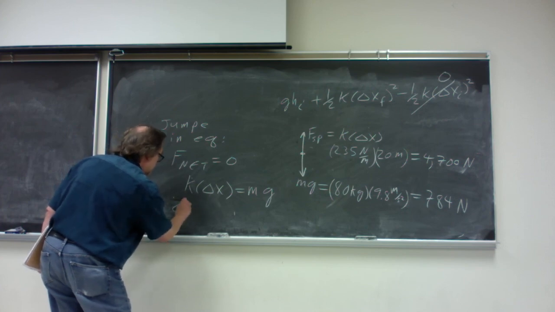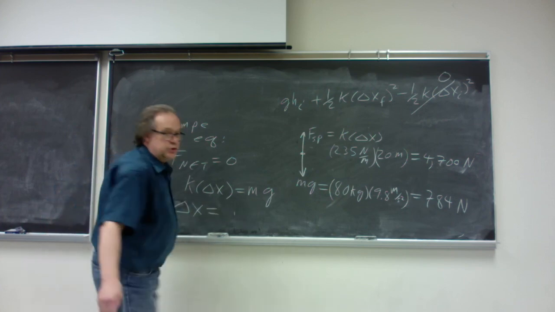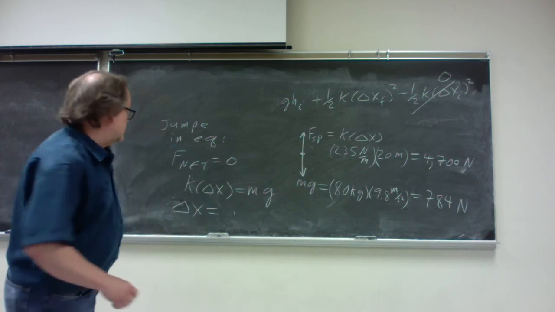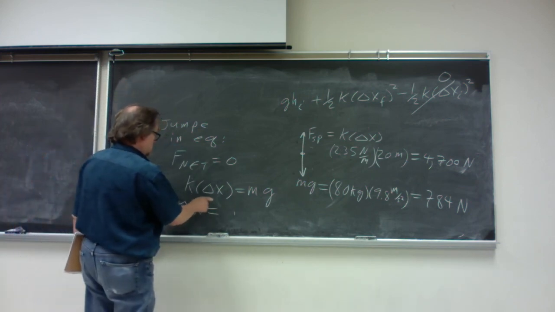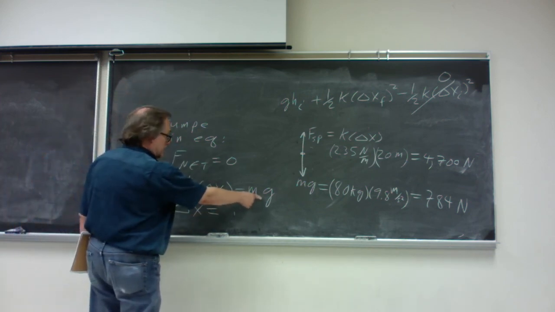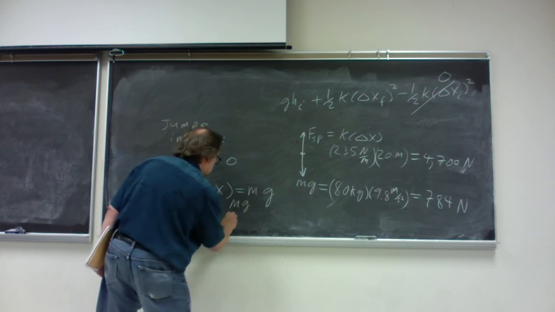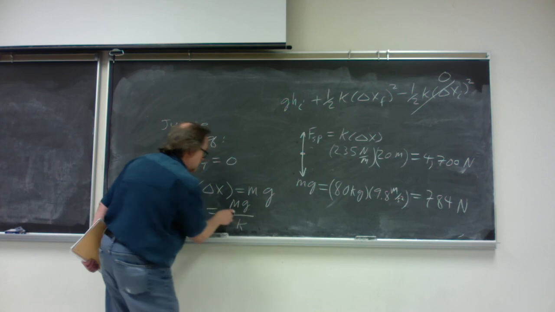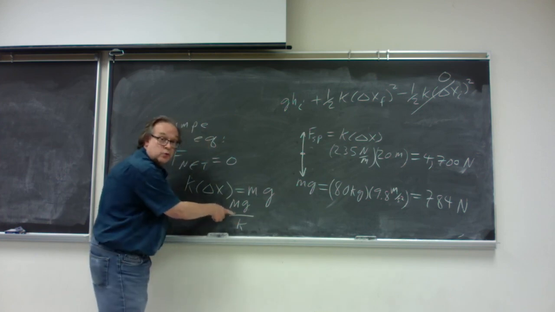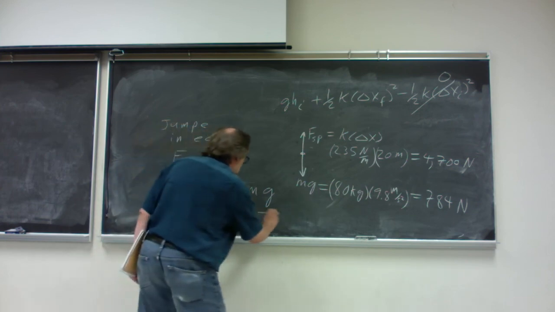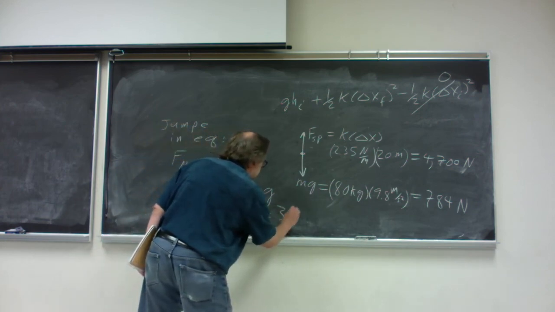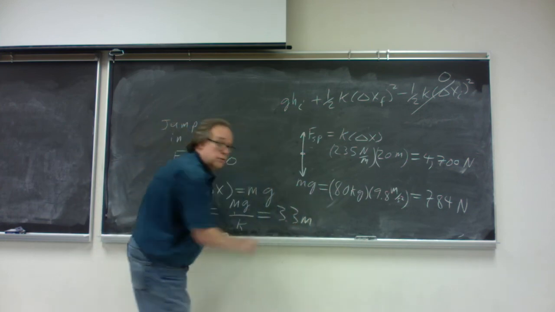So the amount of stretching when the jumper finally comes to a stop and stays stopped is just mg divided by k. And we knew this was 784 newtons. This is 235 newtons per meter. So the final answer will come up to 3.3 meters.